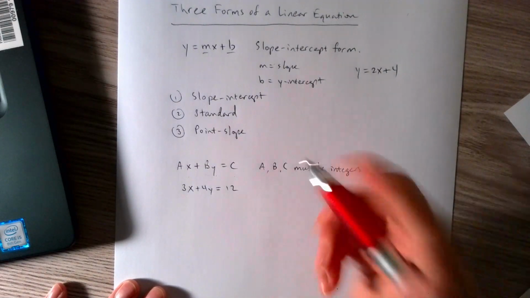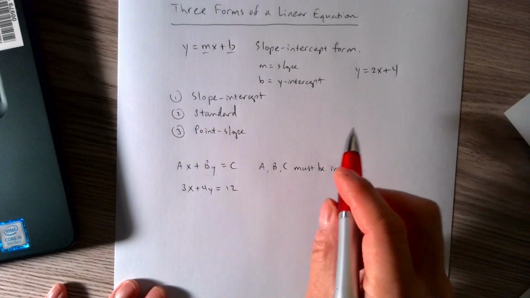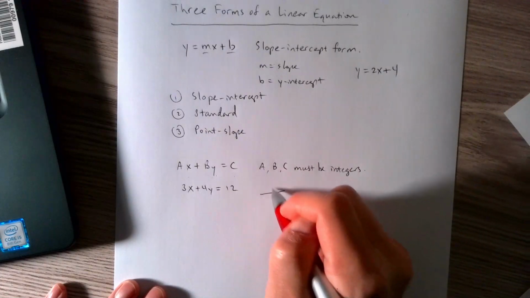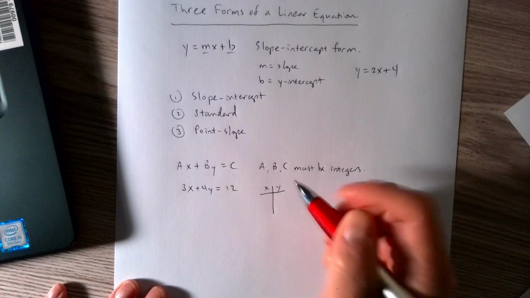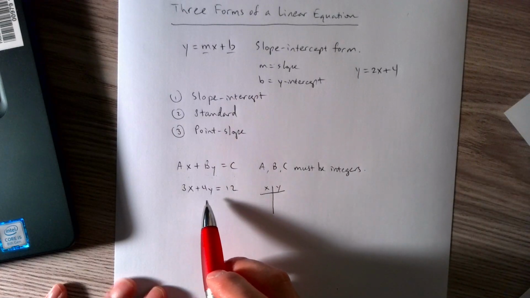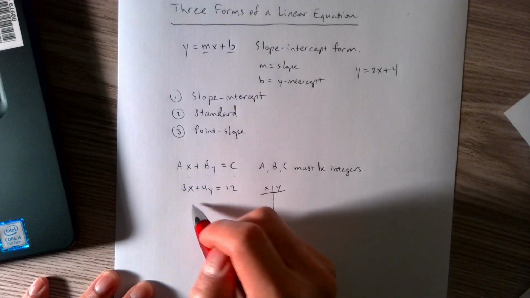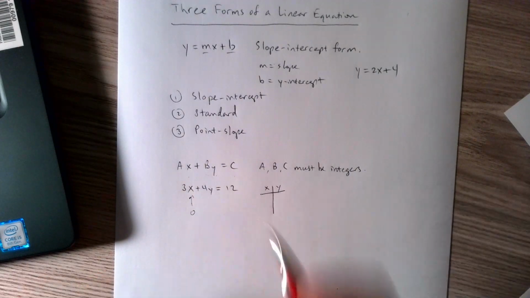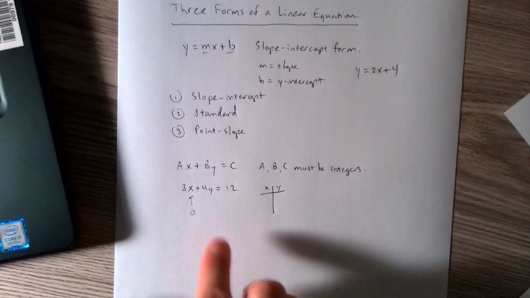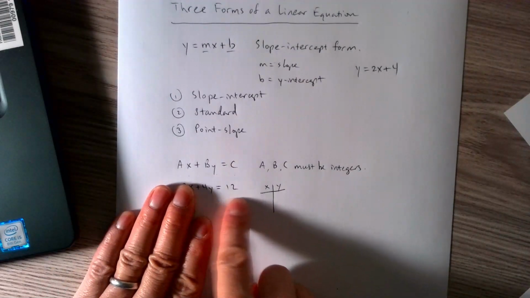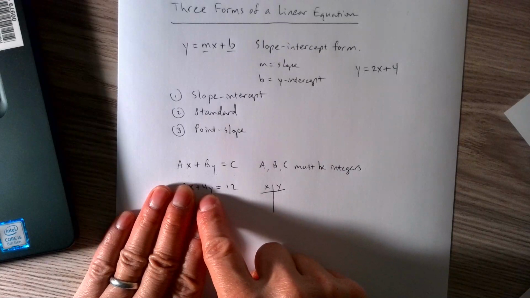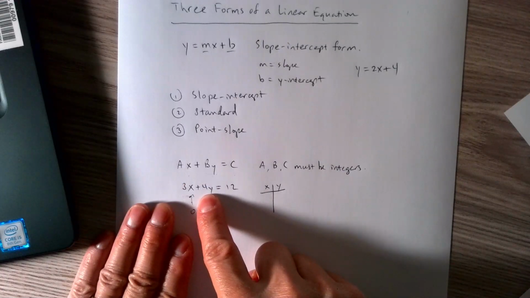However, it does have something that slope-intercept form doesn't have, and that is, it is very easy to find the x and y-intercepts from standard form, because if I plug in a 0 for x, it's very easy to calculate y. Why? Because in standard form, this coefficient must be an integer.